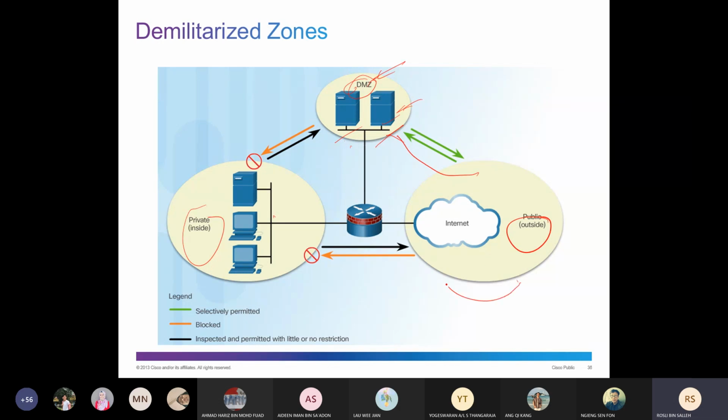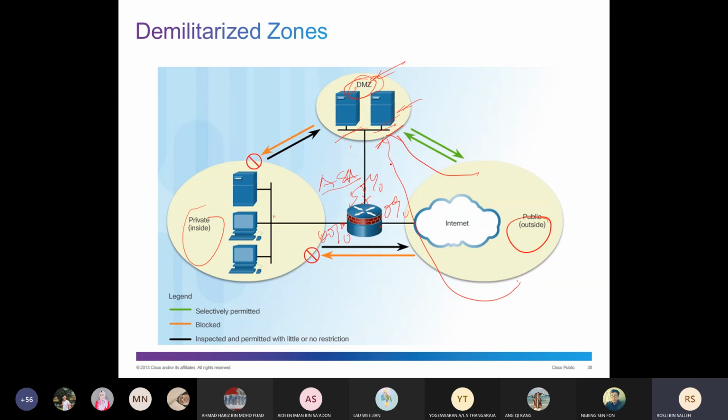You want them to be able to access the server. Whatever server they implement here, you want them to access. So this is what we call DMZ. Later when you configure ASA, you will play around with this. You configure inside, by default this is 100% security. But outside is 0% security. And then you configure DMZ, this is 50%.